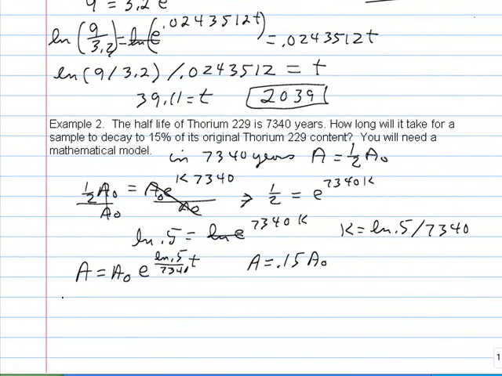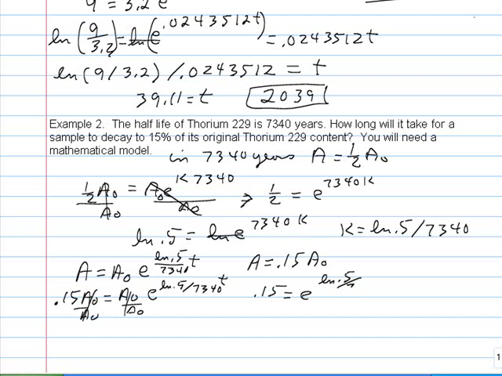So I write for A, 0.15 A naught is equal to A naught E to the log of 0.5 over 7340 T. And again, I'm going to divide both sides by A naught to get rid of my A naughts. So now I'm going to have 0.15 equals E to the log 0.5 over 7340 T.